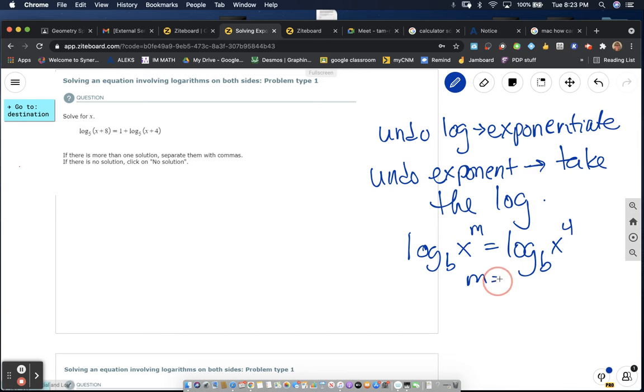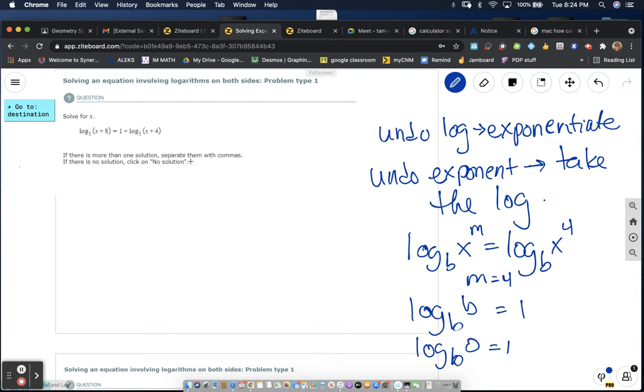Then m equals 4. We're also going to take advantage of when this matches, that equals 1. That's what we used to graph today. And log base b of 0 equals 1, although I don't think this will happen that often. I'll handle the rules as they come.